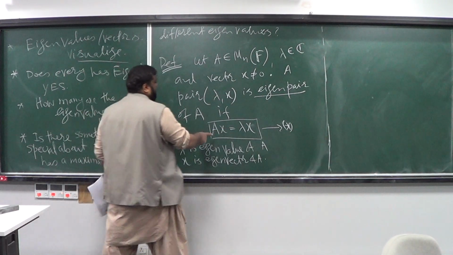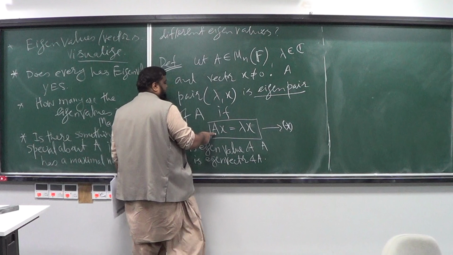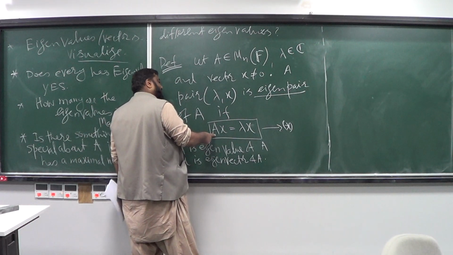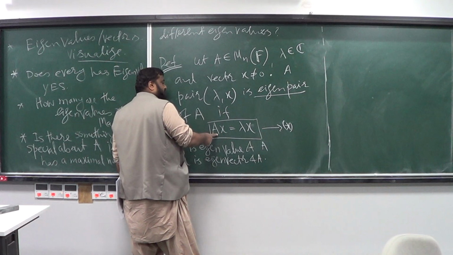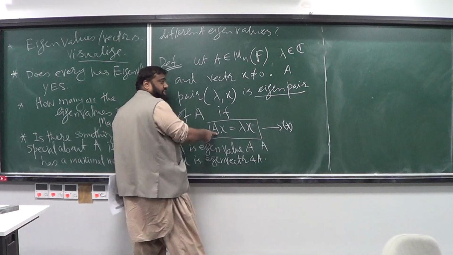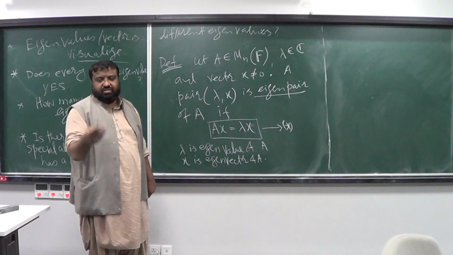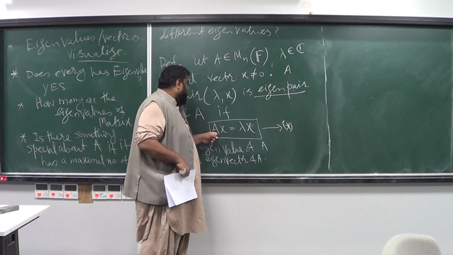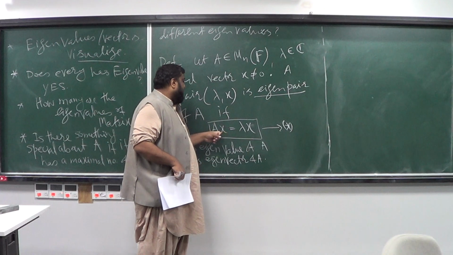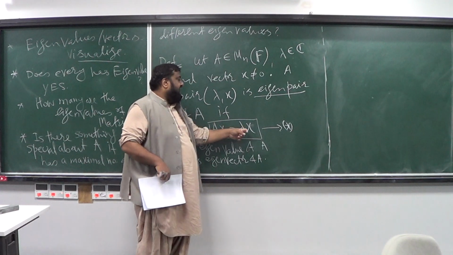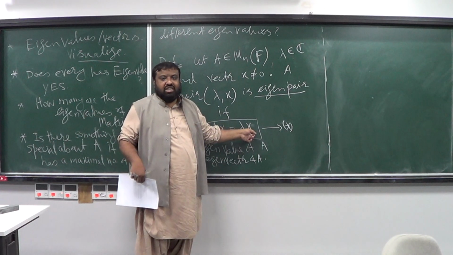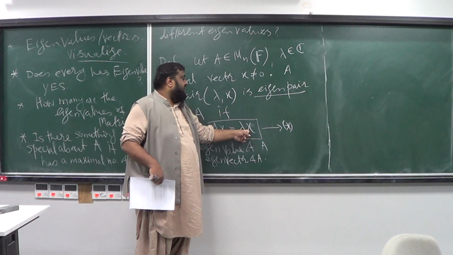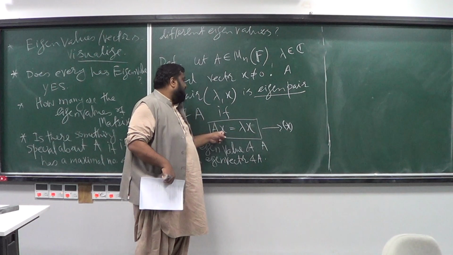If you treat A as a transformation, so if you transform the vector x under A, you're going to get a copy of the vector x, but that copy is basically a multiple of the vector x.